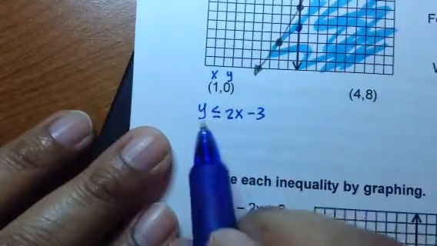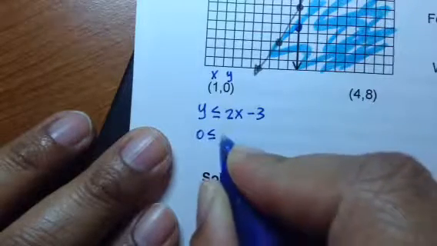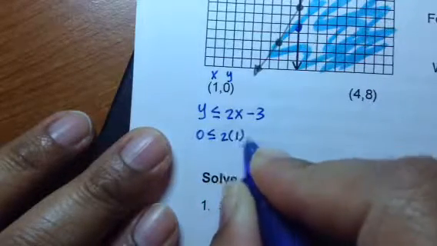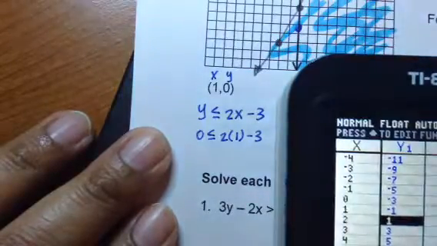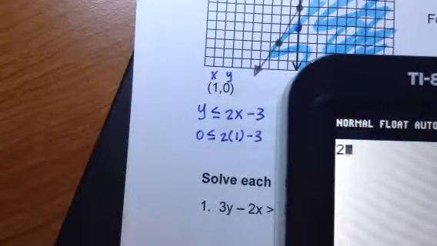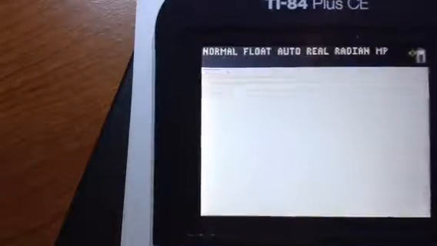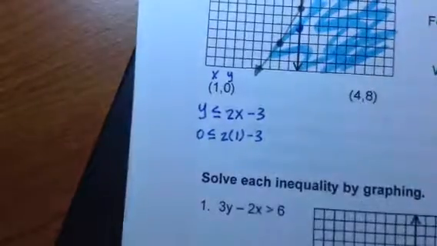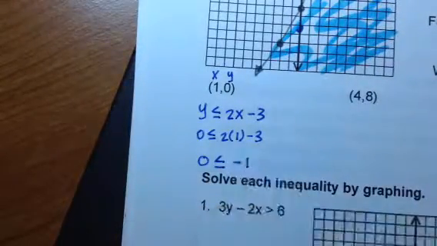So this would be 0 less than 2 times 1 minus 3. So I would go to the regular calculator and say 2 times 1 minus 3. So that's negative 1. So is 0 less than or equal to negative 1?